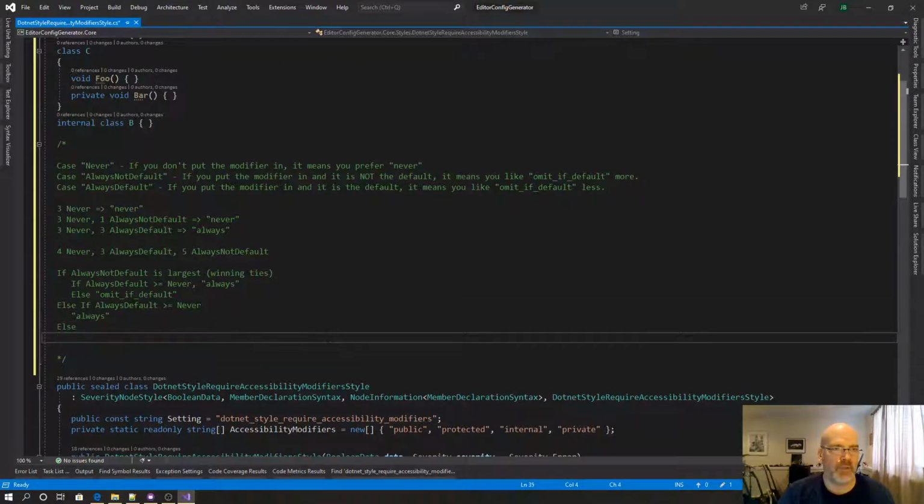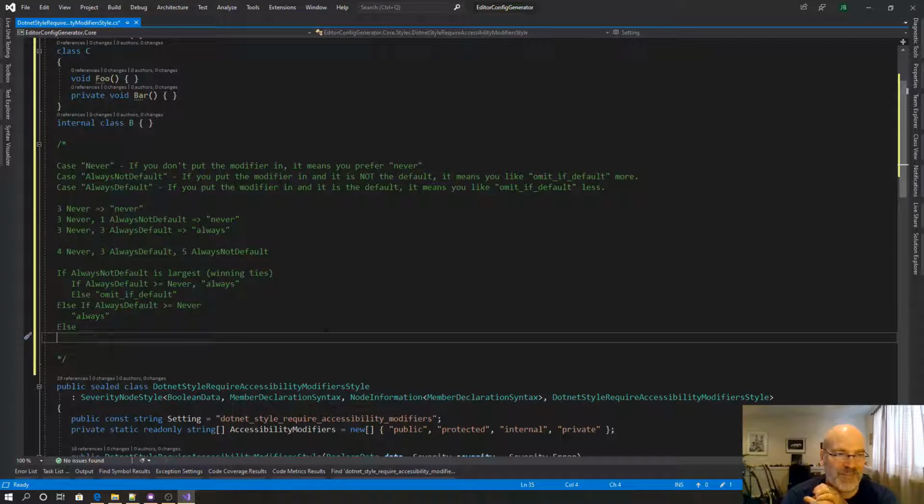Else, if never, so we had 10, that was 10, but that was like 10. No, because that would win ties. So for never, never would have to be 10. Always default would be 9. This is just a heuristic I got to come up with.